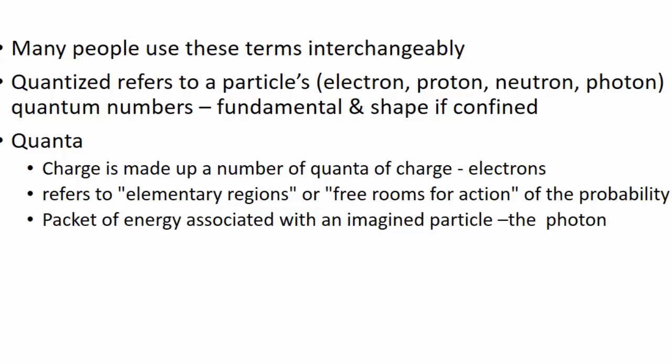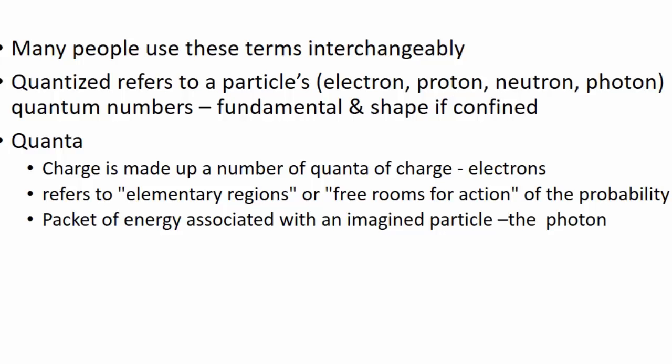So that was the first idea of what the word quanta is. In that case, quanta and quantized almost stuck together because they have a quantum number of 1 charge and they have a quanta of an electric charge.